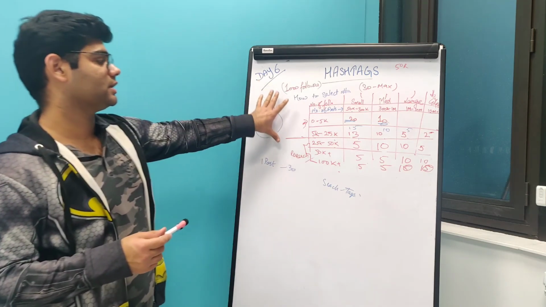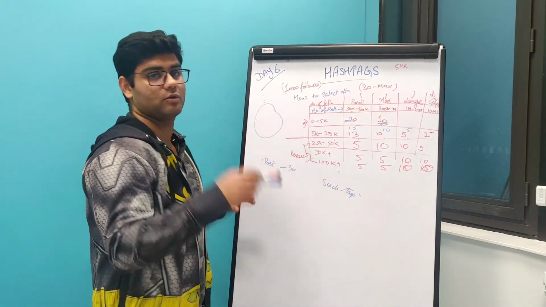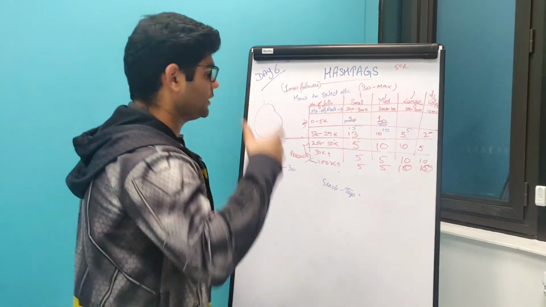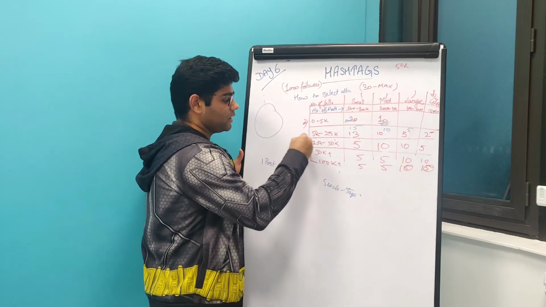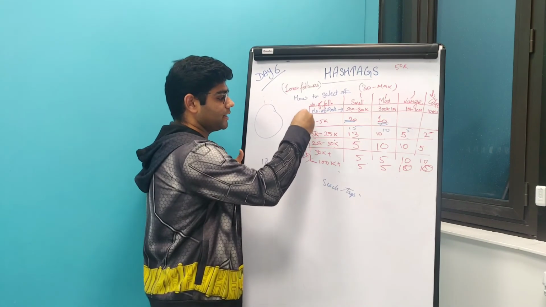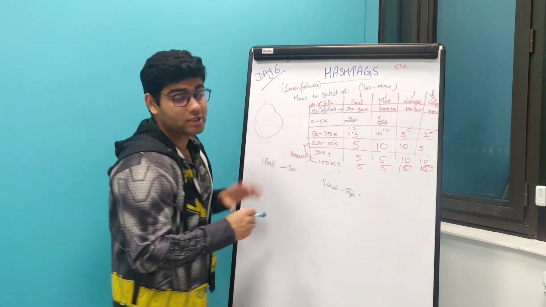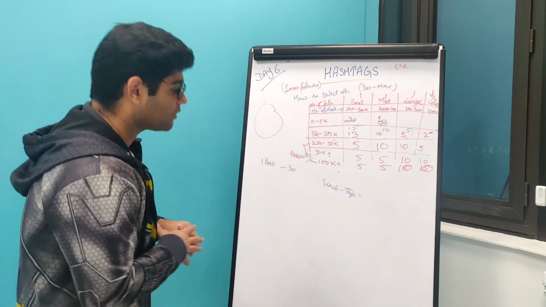But this is how I research my hashtags. I don't copy every time. I do it 20 to 30% of the time, but not every time. This is the concept, the idea, how hashtags work, and how you research them.